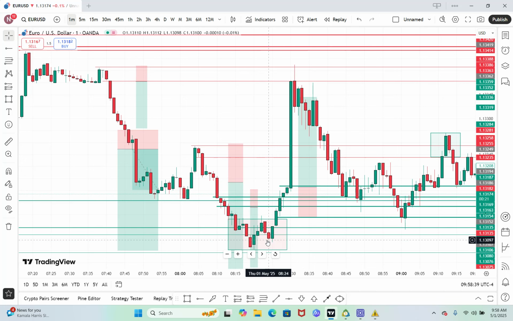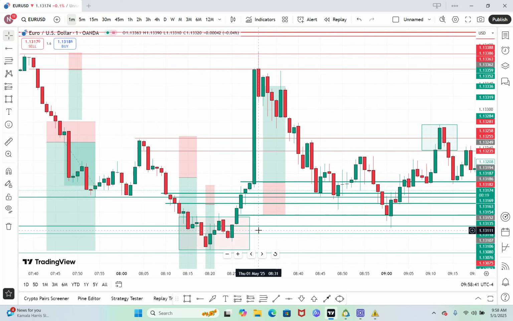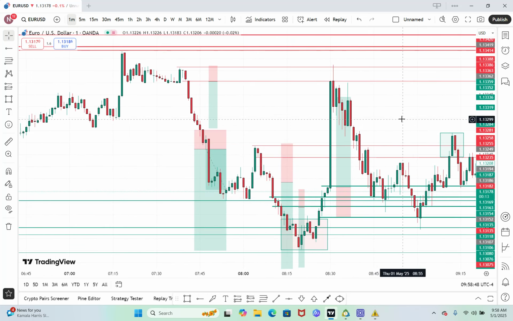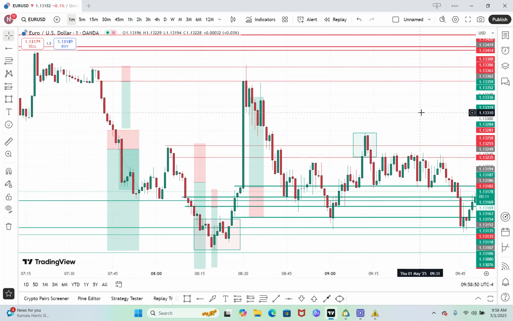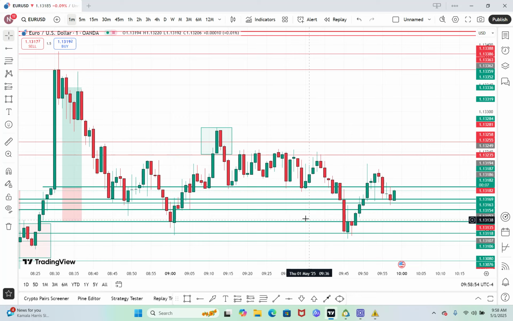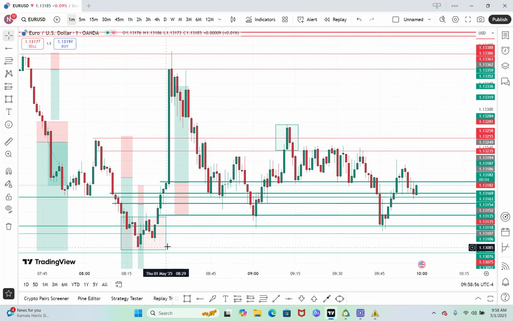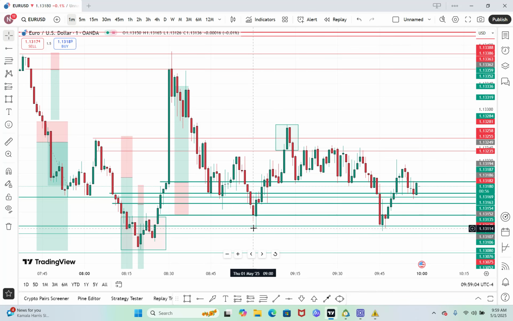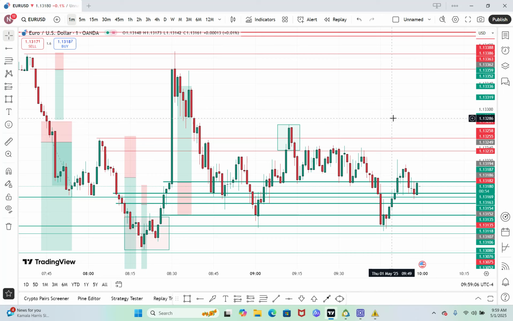This is the bottom, this is the bottom. So we have two patterns, a head and shoulders and a double bottom in one, but we are not trading patterns, right?